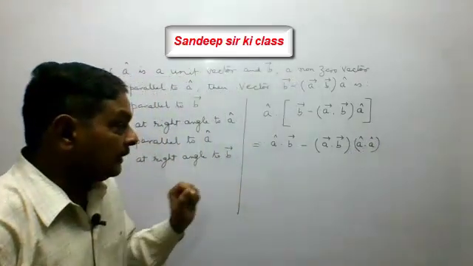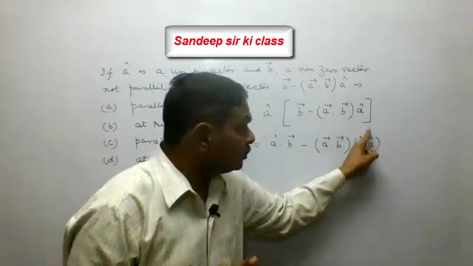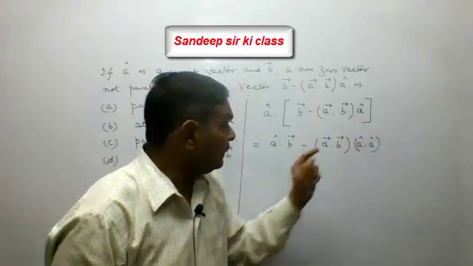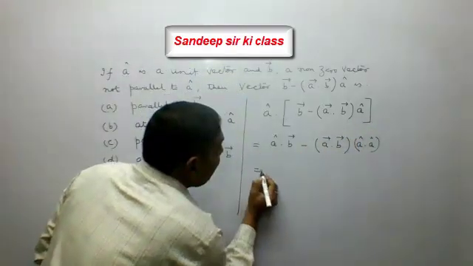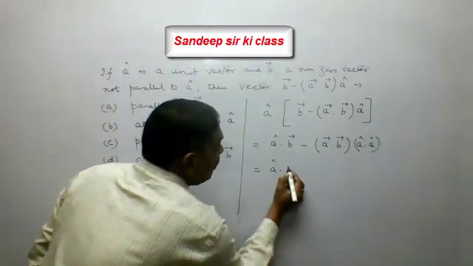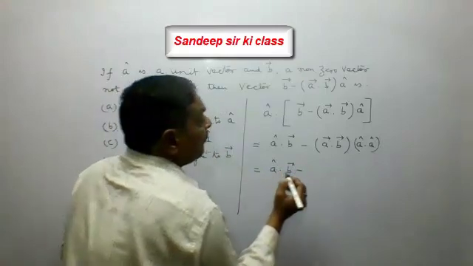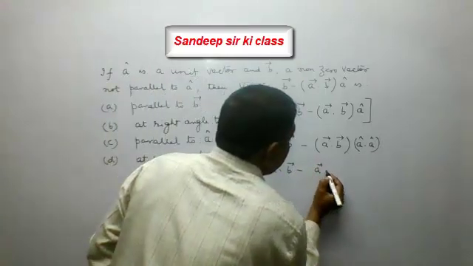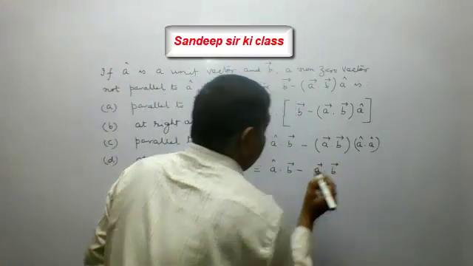This we obtain. a cap is a unit vector, so this is equal to 1. So we obtain a cap dot vector b minus vector a dot vector b.